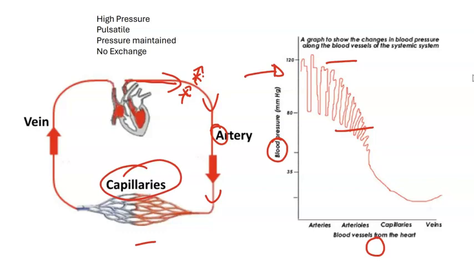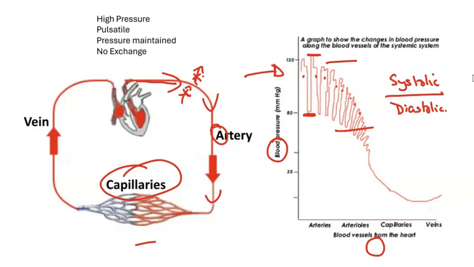The up and down nature of this is due to the lower part, which would be called the diastolic pressure, and the upper part, which would be called the systolic pressure. And of course this relates to the beating of the heart. So each one of these peaks relates to the beating of the heart.